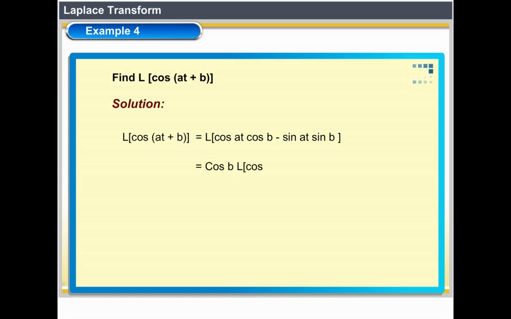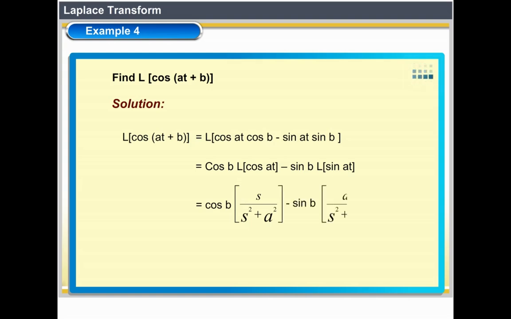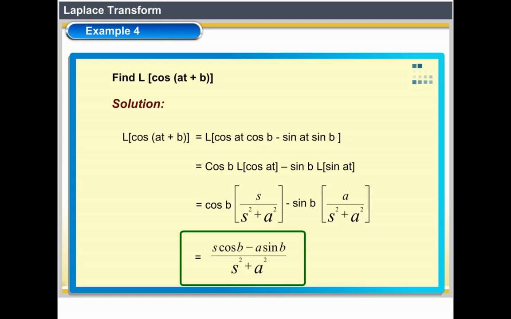That equals cos b into L of cos at minus sin b into L of sin at, which equals cos b into s divided by s square plus a square minus sin b into a divided by s square plus a square. After simplifying this, we get the answer s into cos b minus a into sin b divided by s square plus a square. We just added these two things because the LCM is same. If the LCM is not same, we have to take the LCM and then add.